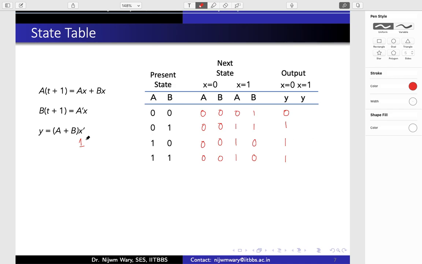Now the next is whenever x is 1, that means this is 0. So no matter what my A and B is, all my output for Y will be 0.